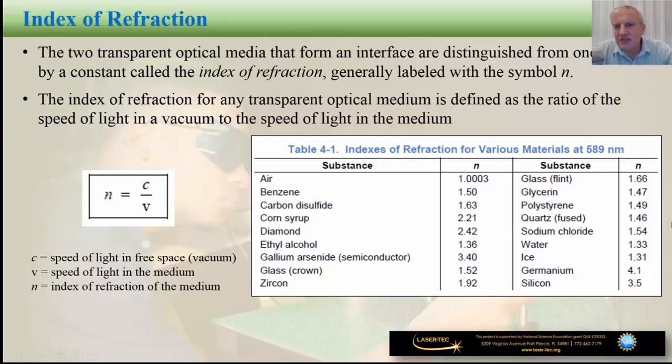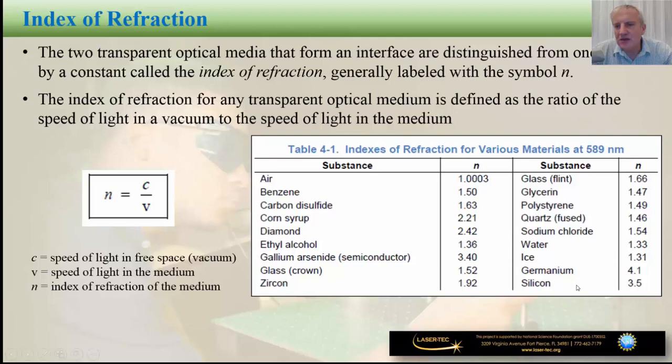So here on the right-hand side you can see the table with different types of materials, starting with air and going all the way to silicon, and each of these different substances or materials has an associated index of refraction. That's basically telling you again how much the speed of light is reduced in that medium.